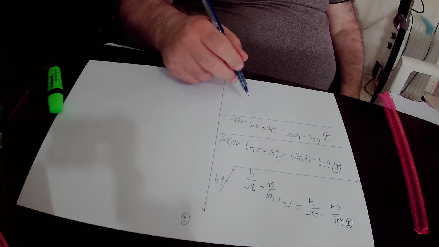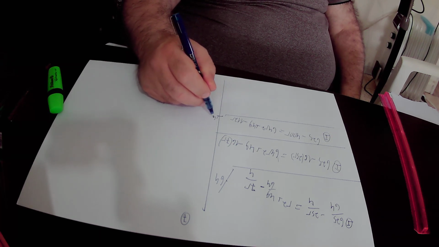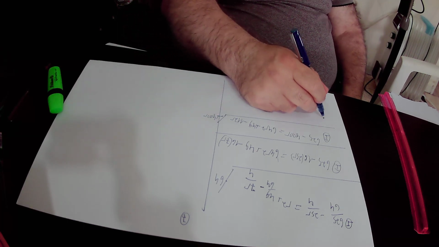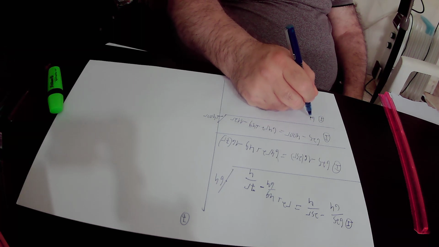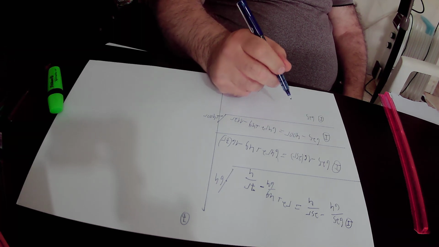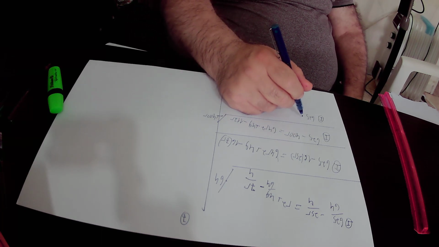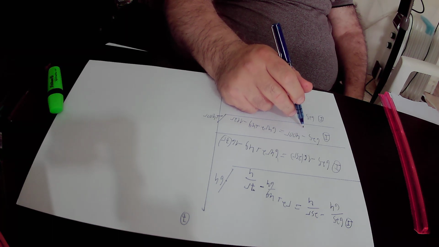So here we will add 400R to this equation number 1, and we'll get that here we have 625. And 400R minus 400R is 0. So on this side of equation number 1, we are left only with 625.